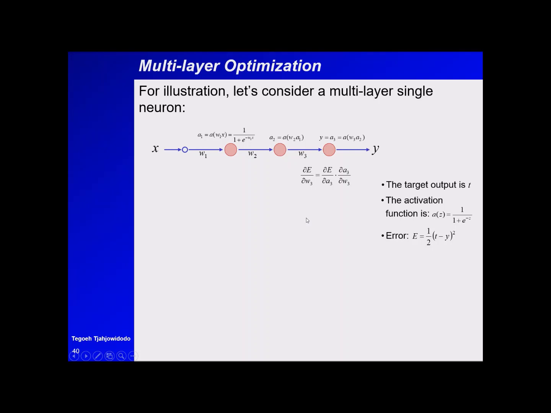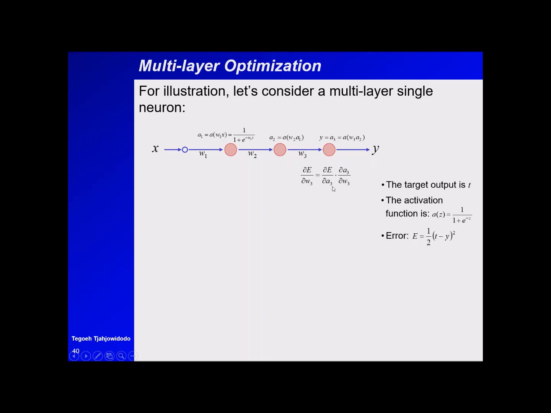But we know already from this schematic diagram that error, which appears as a function of y here, we know that y here is a function of a3, while a3 is a function of w3. So the first derivative of error with respect to w3 will be equal to the first derivative of error with respect to a3 times the first derivative of a3 with respect to w3, right?